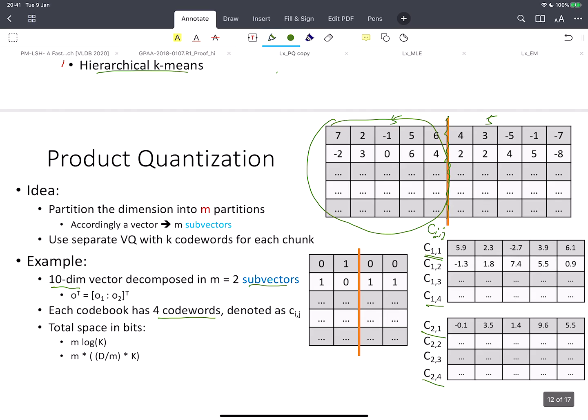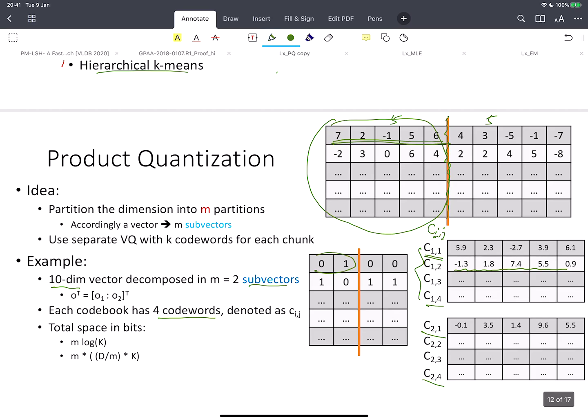I just list some numbers so you get some idea. Then for the first subvector in the first partition, you look at this codebook and try to find the center closest to it. Let's assume the closest one is this one.